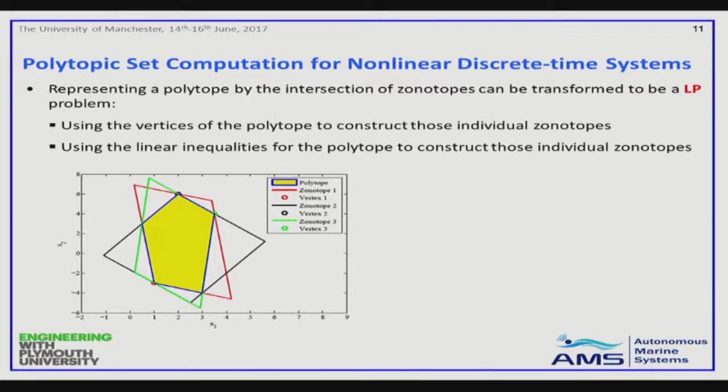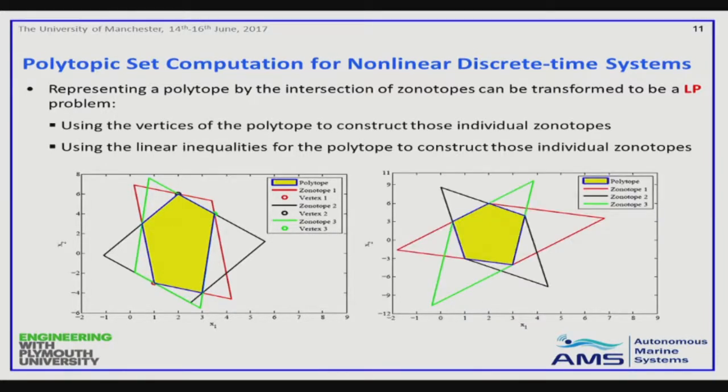Or you can use random linear inequalities from this polytope. For example, I use this linear inequality equation. I can construct the red zonotope to contain it. I can also use these 2 linear inequalities for the polytope to construct.